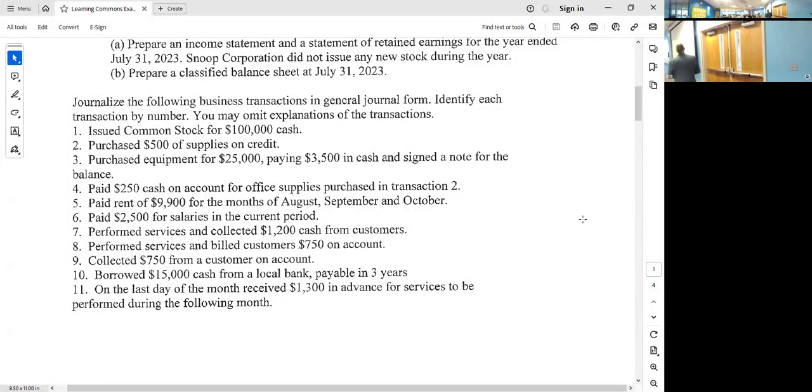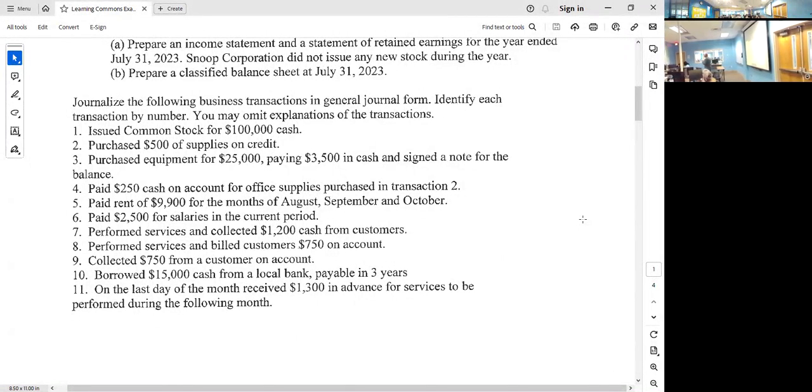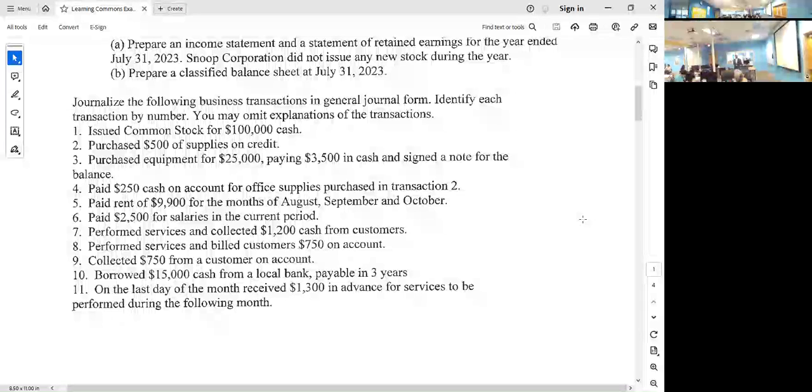You have to use that framework to know how to increase and decrease accounts. I'll give you a little bit of time, and then we'll talk about each of these transactions.